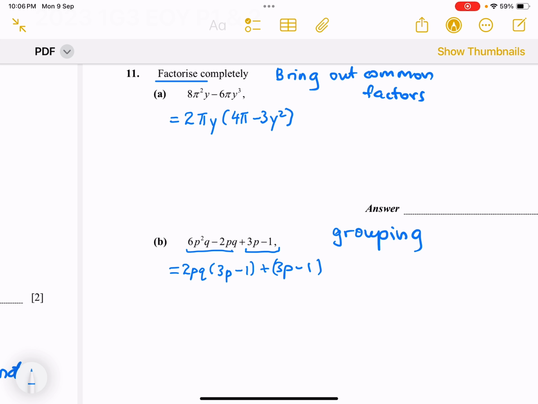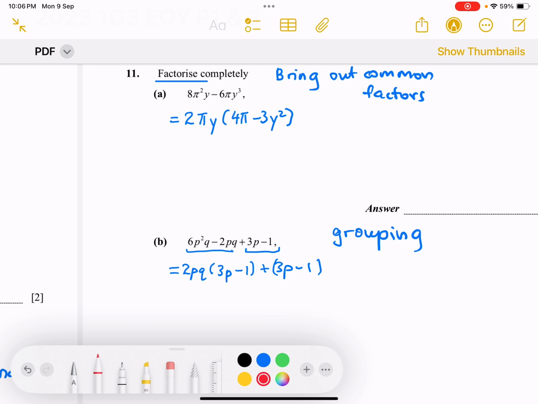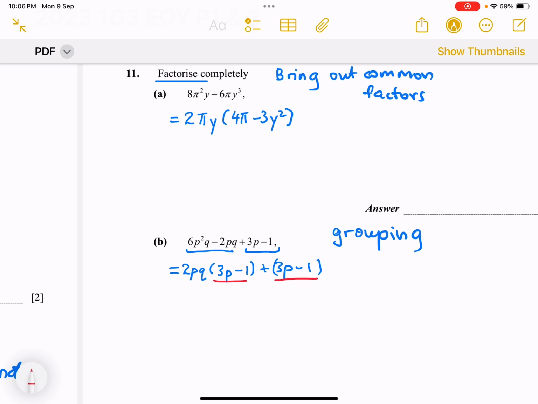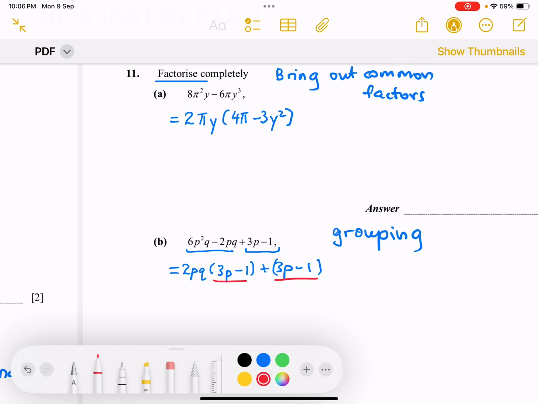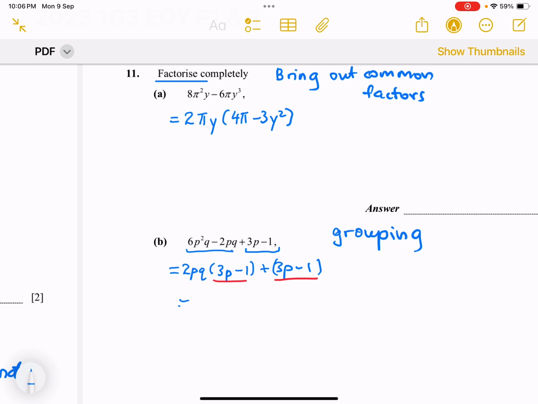For grouping, after we factorize out, we have a common factor in brackets. Now we take out this common factor. Remember that factorizing means taking out common factors. So 3p minus 1 is a common factor. What is left behind?